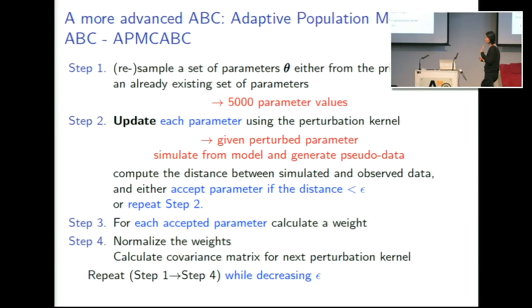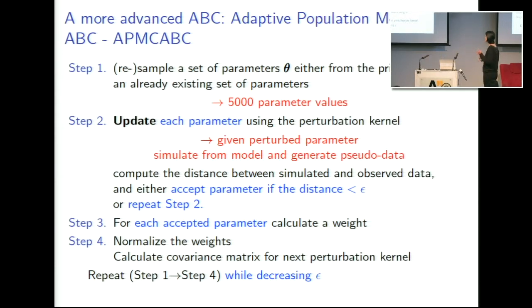How does it work? Very roughly. Instead of sampling from the prior and then doing the forward simulation, we first sample from the prior, then we perturb the parameter values using some kernel, which is a kernel that moves the parameters around and tries to bring them towards the support of the posterior distribution.